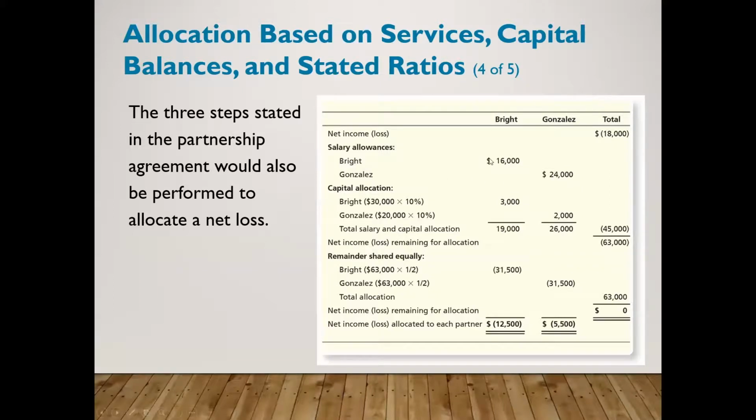This would be the salary for extra work that she has done for the partnership. Gonzalez will receive $24,000. In addition, each partner will be allocated interest of 10%. So Bright will be $30,000 times the 10%, and Gonzalez's capital $20,000 times the 10%. This is it right here.